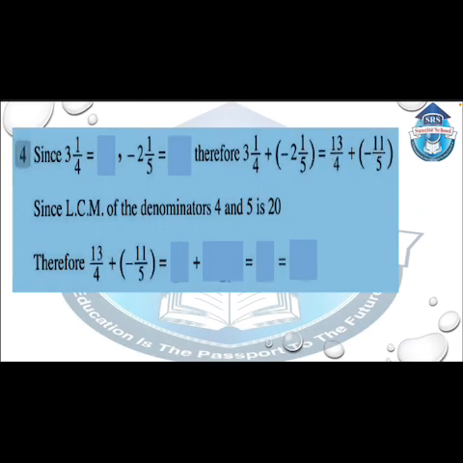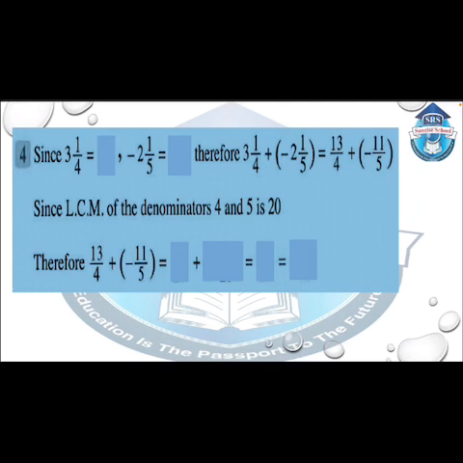Part number 4, 3 and 1 over 4 plus negative 2 and 1 over 5. Here I have different denominators, so I will try to find the LCM, the lowest common multiple between them, which will be 20. 4 multiply 5 will give us 20.